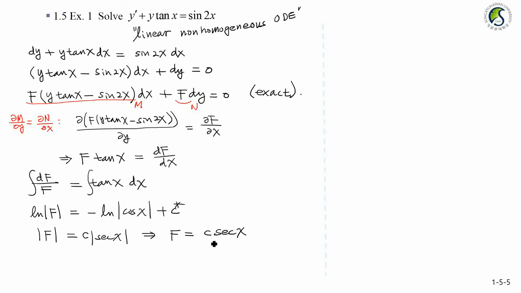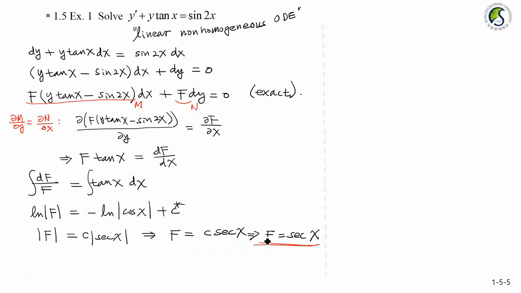Even this integral constant, since we have more integrals coming on, will be included in the final arbitrary constant. So we can safely assume that f equals simply secant x. This is the integrating factor that we are looking for.